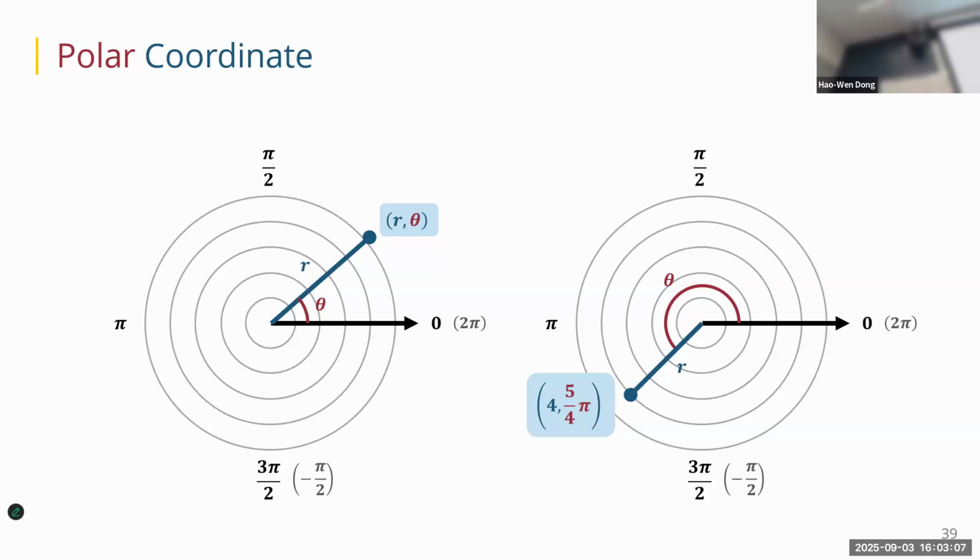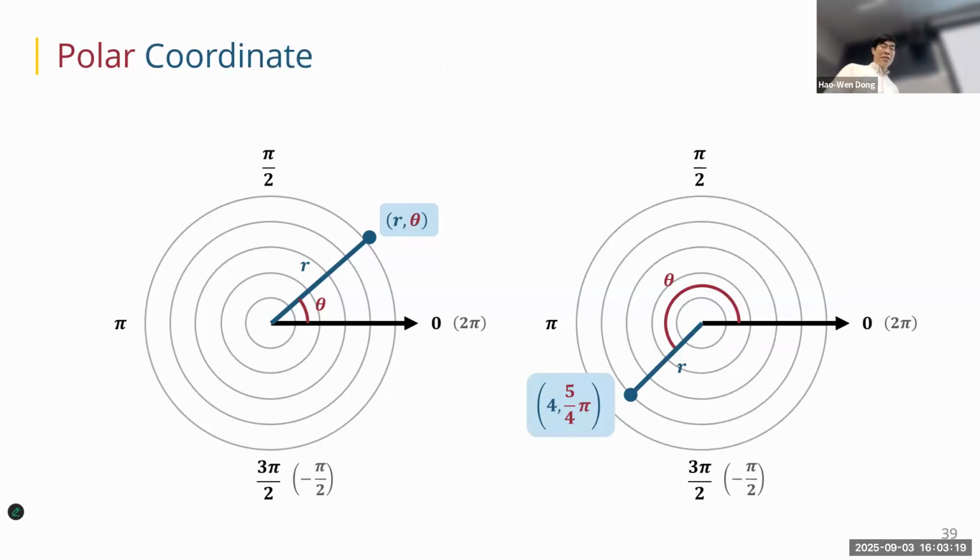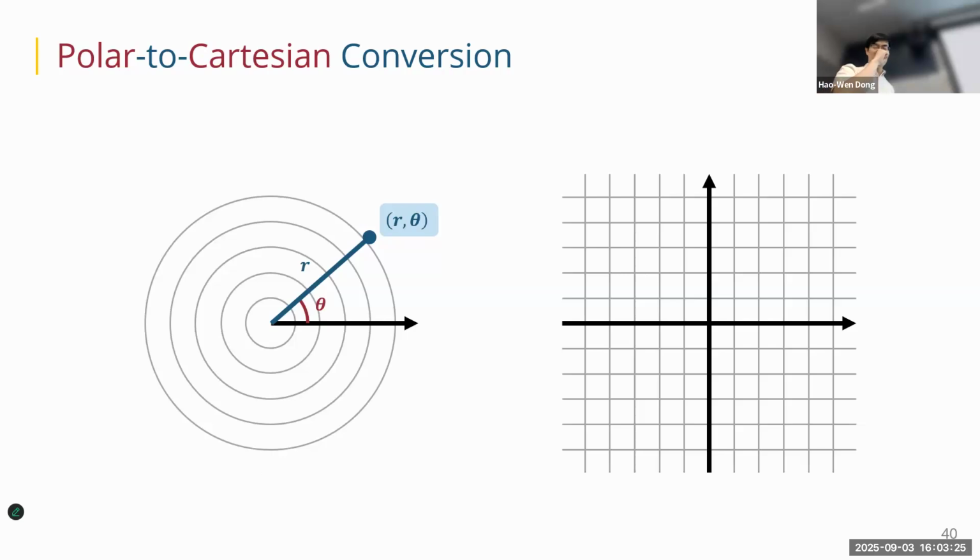The 4 is because your radius is 4, so you are 4 steps away from the origin, and theta is more than pi. There's no reason, just definition. But you want to get familiar with it. We will use it in homework too.